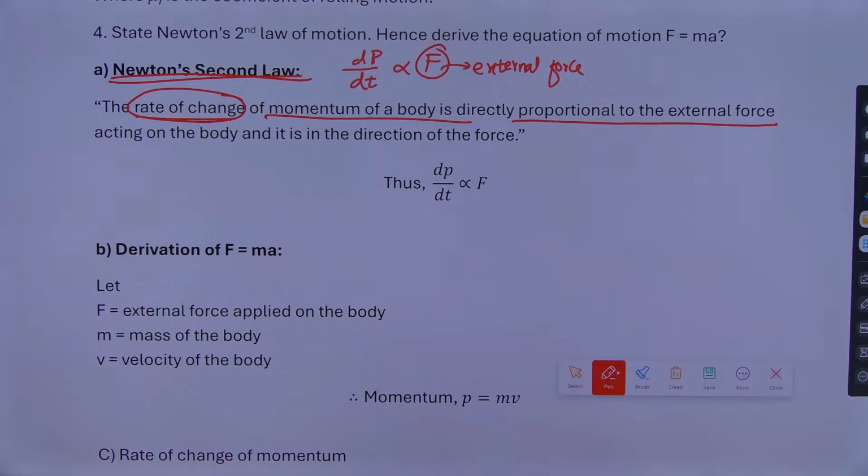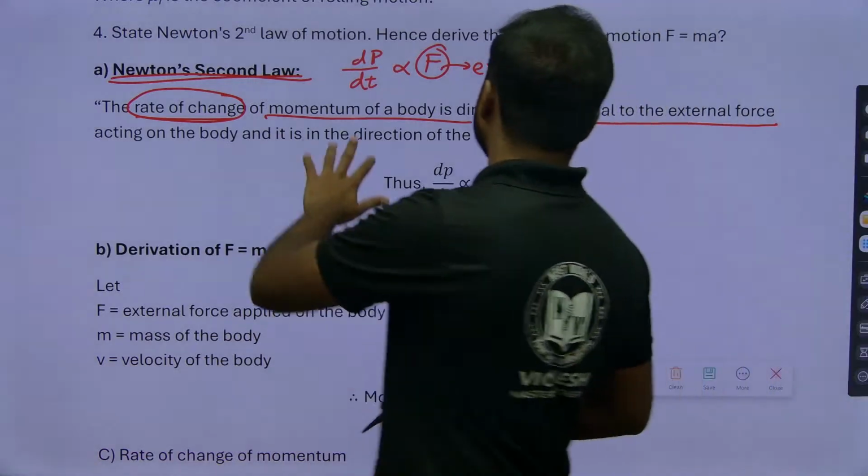Yes, you can take a note of this. Okay, done. Now we have got the equation.